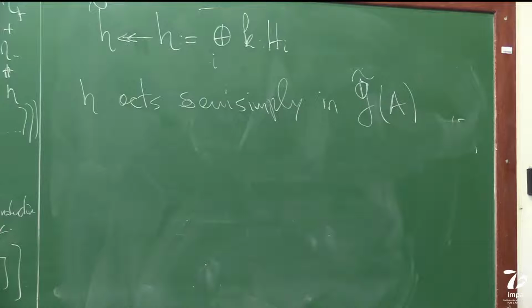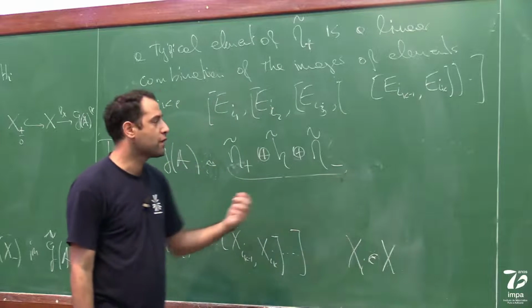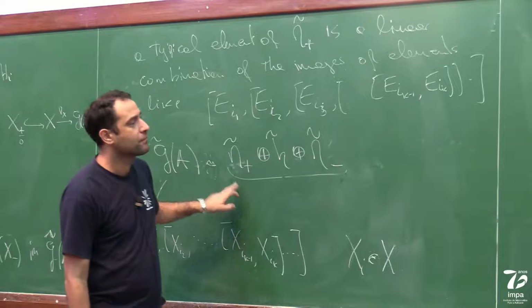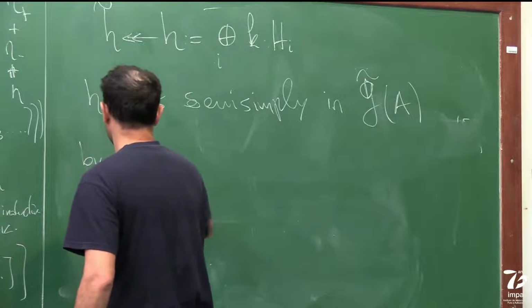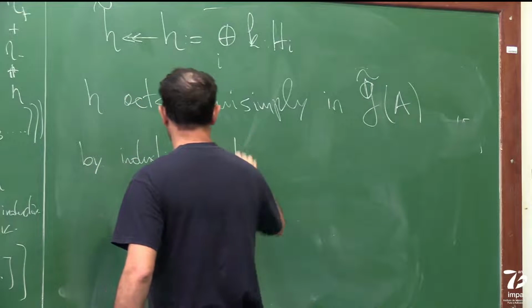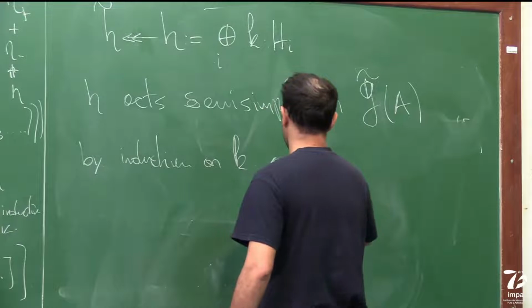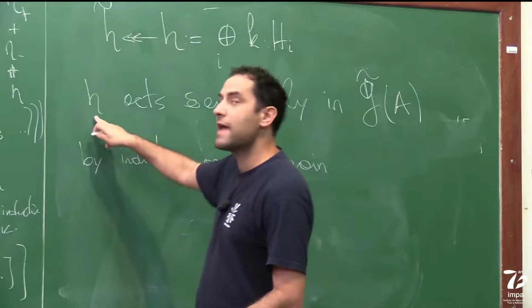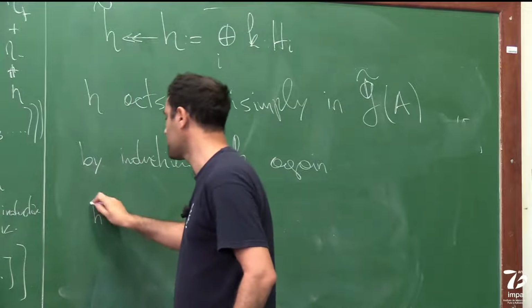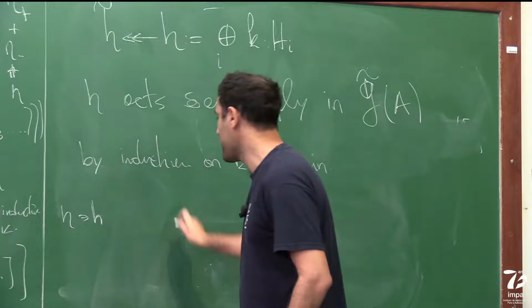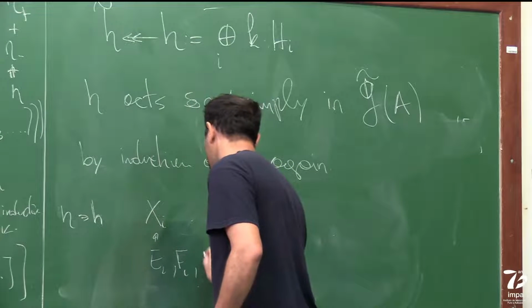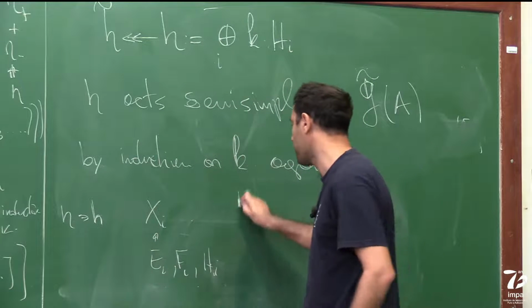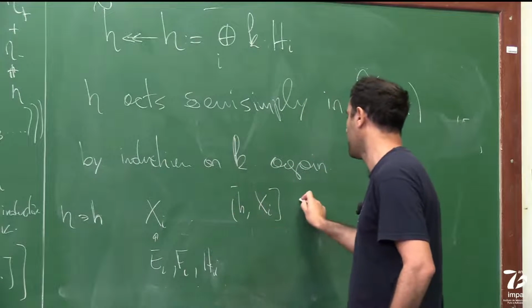well, this is because it acts semi-simply in the sum. If you give me an element of h in the sum, well, we've already proven this. I can do this by induction. So then by induction in K again. So an element in H, you take some element in H, and you take some xi, and this guy can be either an ei, an fi, or an hi, and I need to check that the bracket of h with xi is a multiple of xi.